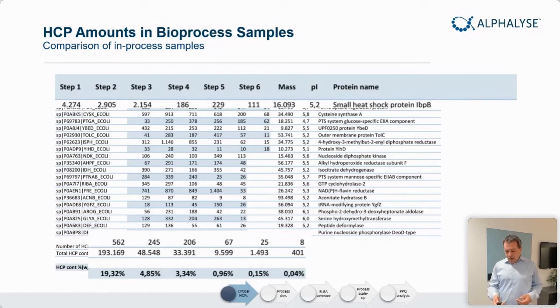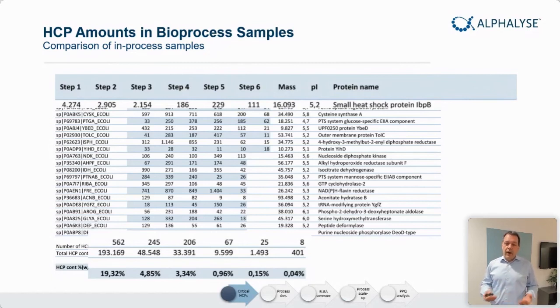And again, now you have these data about the individual HCPs, you can start evaluating and making decisions if any of those you see on your list in your final drug substance might be of concern. So you can make this risk assessment evaluation early on and make sure that you don't have any that you don't want to have or that you might foresee can cause problems later on.